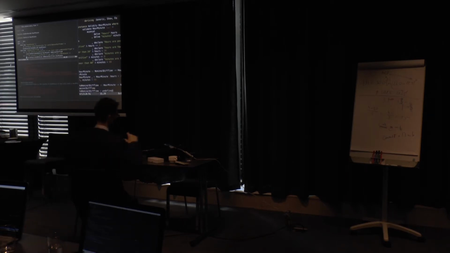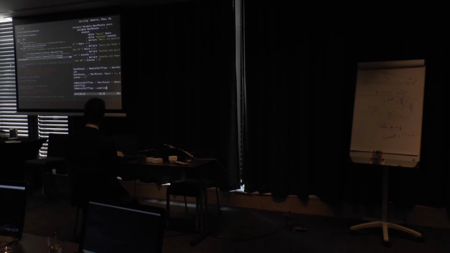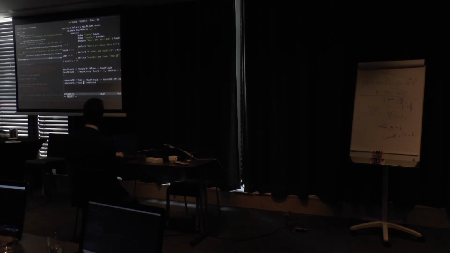So let's try to implement some of this. Let's start with the true nominal diff time so that it's no longer something that just crashes. A nominal diff time is just a number of picoseconds, and I'm going to see if I can show you that.